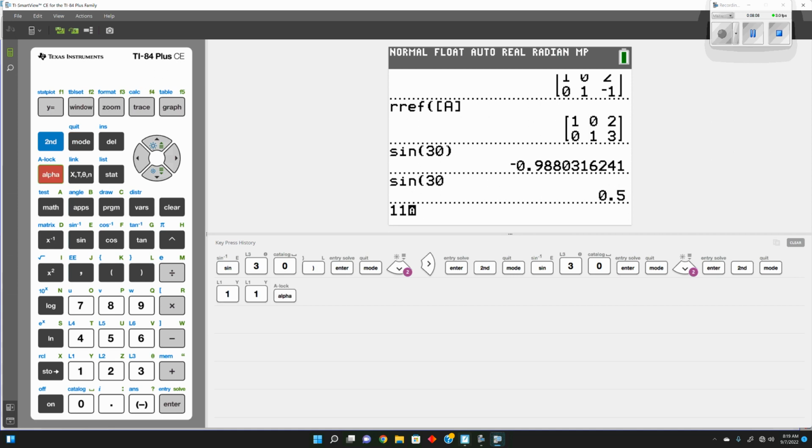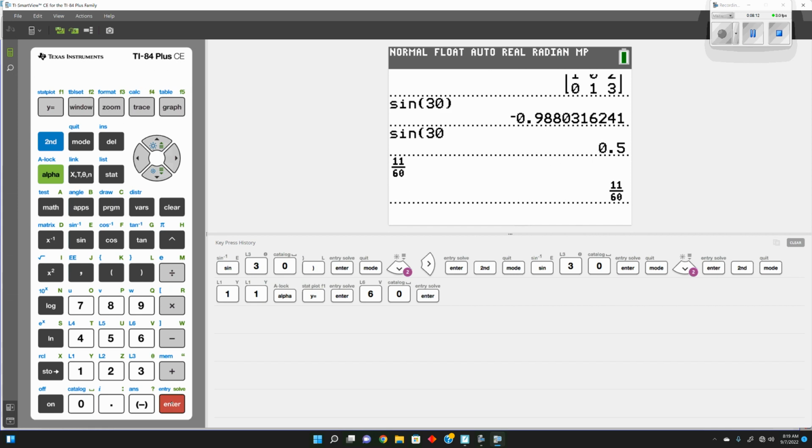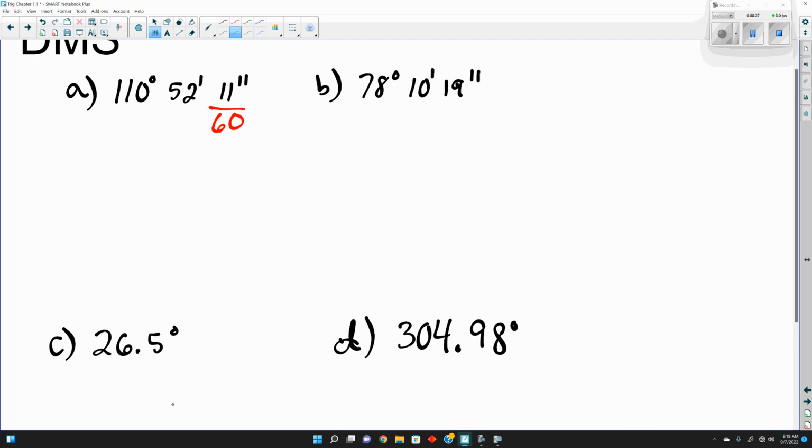So we can say 11 over 60. That's .3 repeated. So what that tells us is that we have 110 degrees, 52.183 repeated.